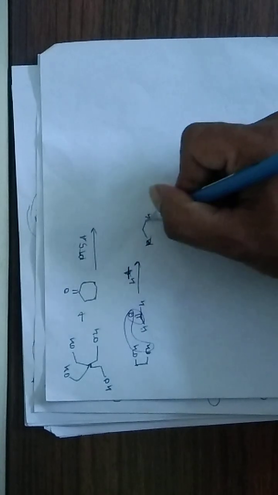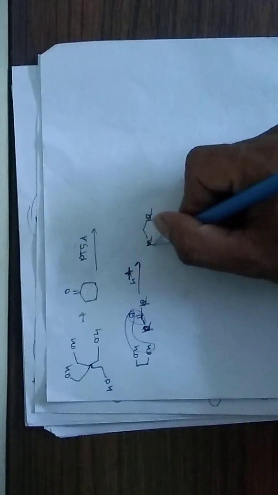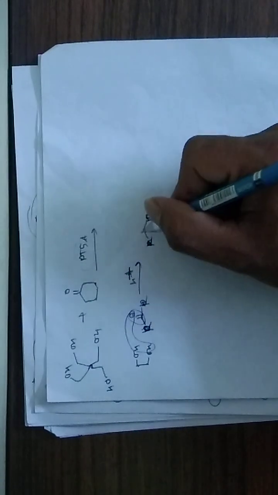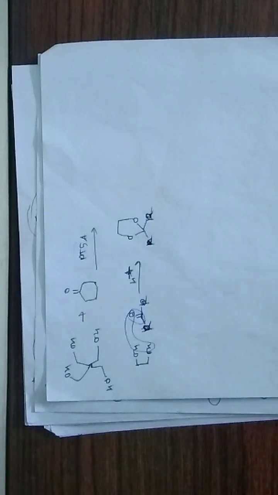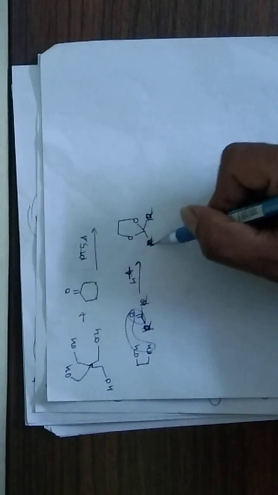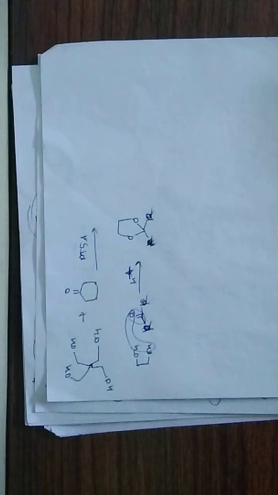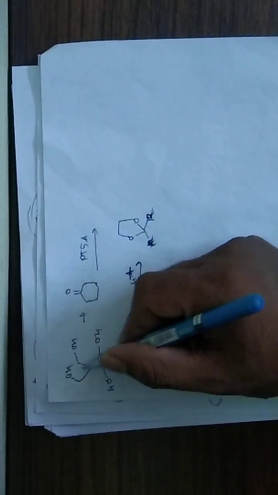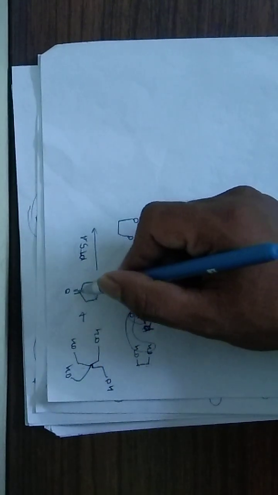Here maybe an R group, R equal to maybe H or CH3 or whatever it will be. This is called a cyclic acetal, which is used for the protection of the carbonyl group. Similarly, this is a 1,3-diol, and it can also be used to form a cyclic acetal.